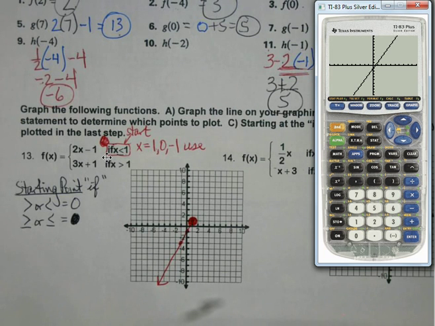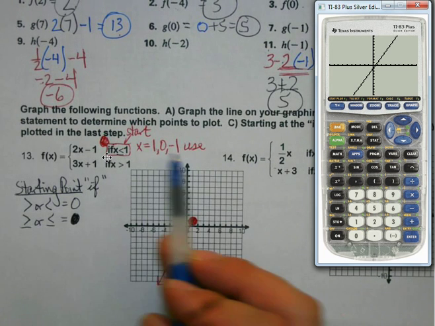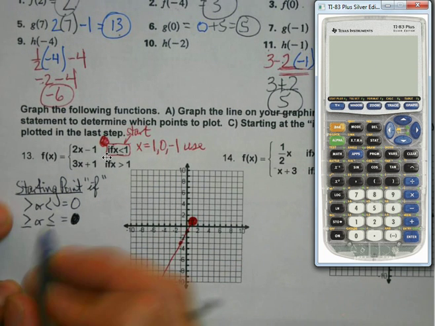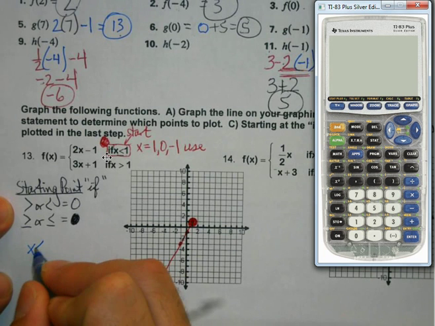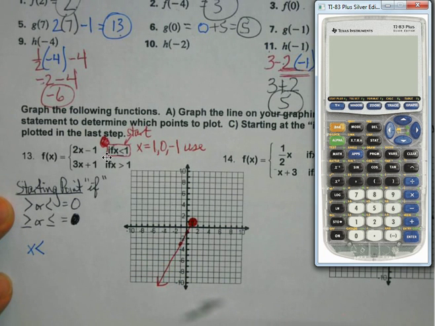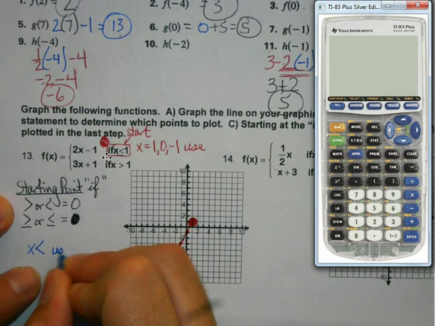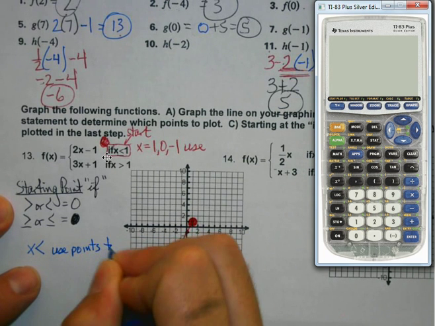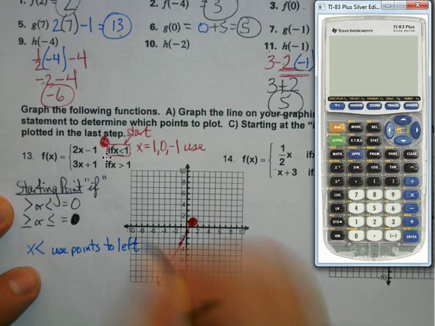Now, if I'm trying to figure out which side to graph on, the points will help me. But for the graphing portion, if I have x is less than, I'm going to use points to the left that I'm going to graph.